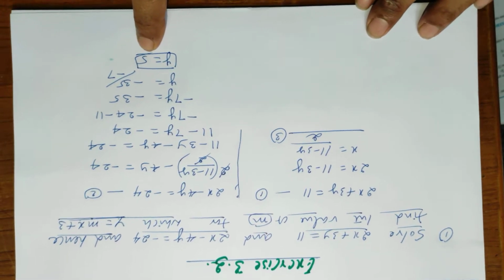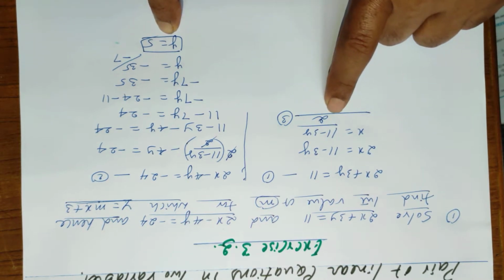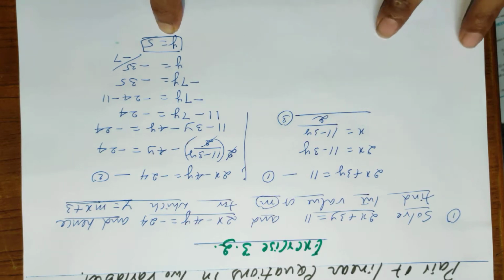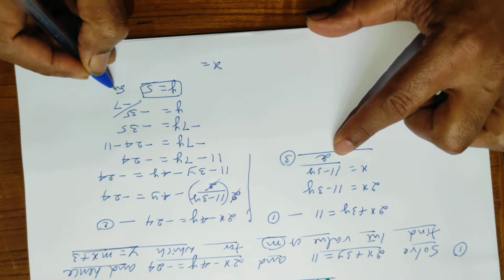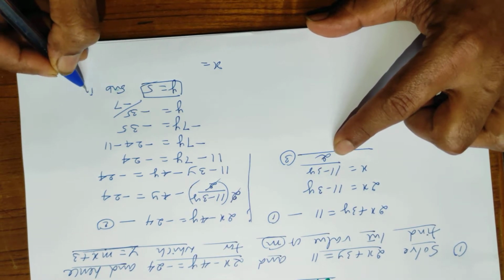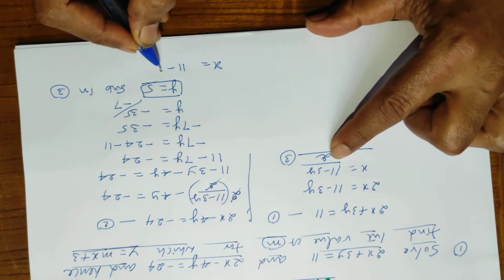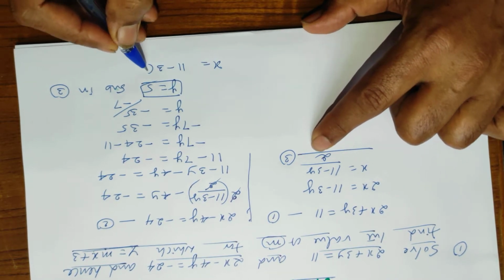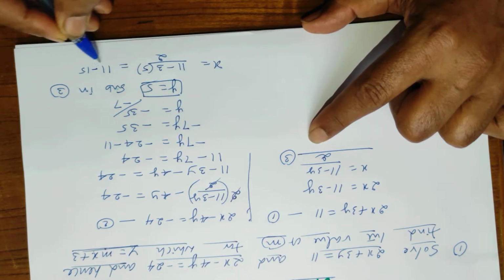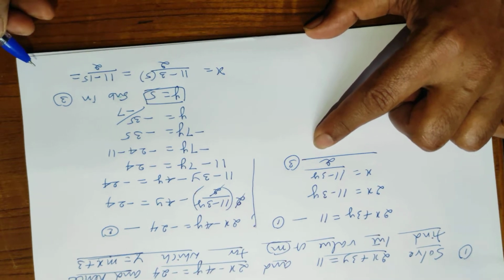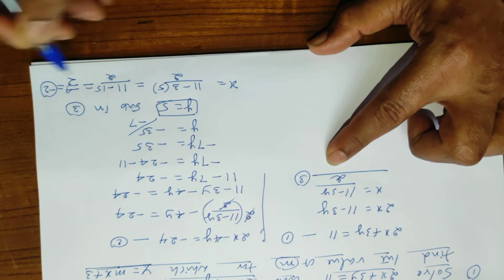So substitute this value of one variable in the relation 3, equation 3. So x you can find out. Substitute in 3. So x equals 11 minus 3y by 2, y is 5, so 11 minus 15 by 2, that is equal to minus 4 by 2, that is equal to minus 2.